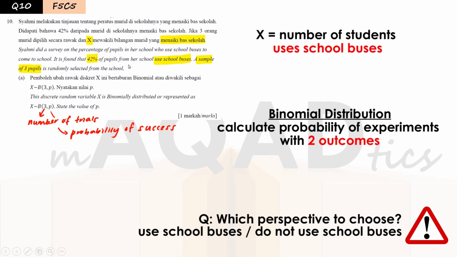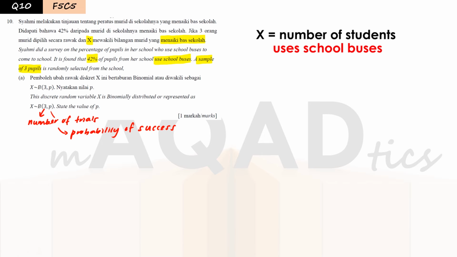So to answer the question here, we need to choose use school buses. So success here means the probability of students that use school buses, which is also given in the question: 42% of the pupils use school buses. So for our P, it would be 0.42.